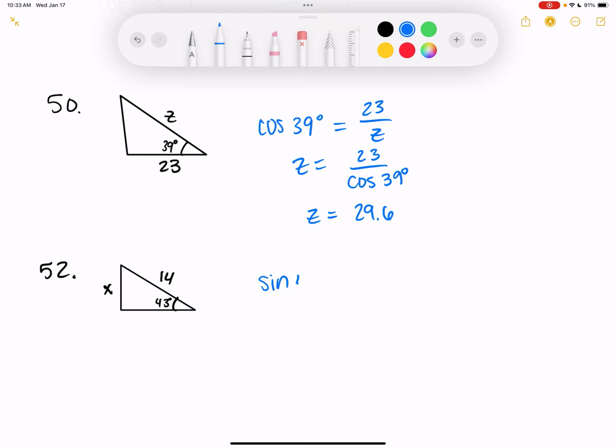Sine of 43 degrees is opposite over hypotenuse, so x over 14. So then we just need to multiply by 14. So when you plug it in, you just do 14 sine of 43. 9.5.